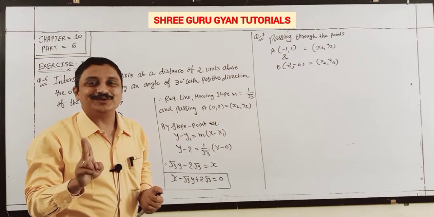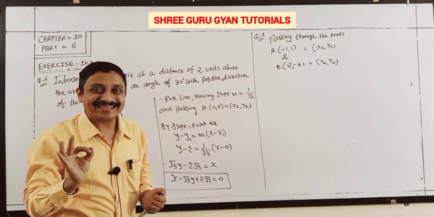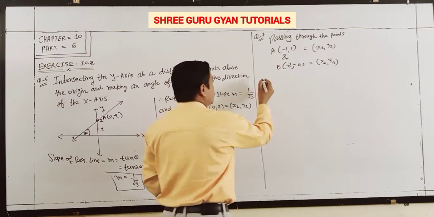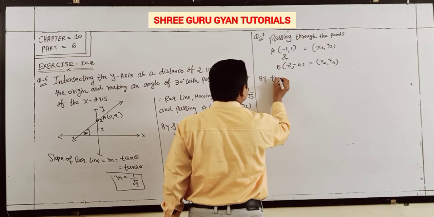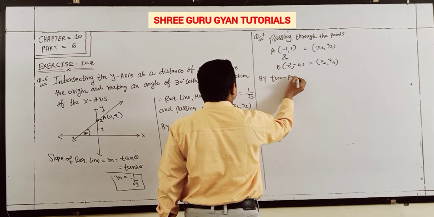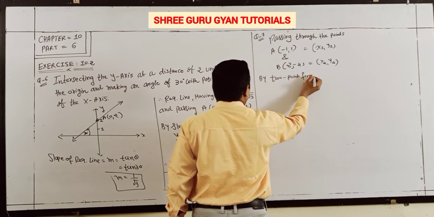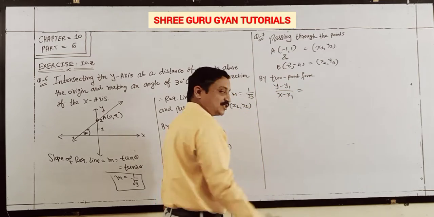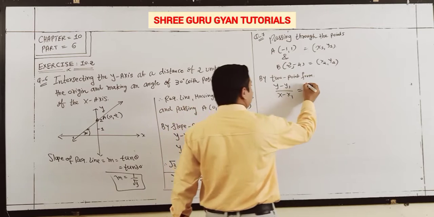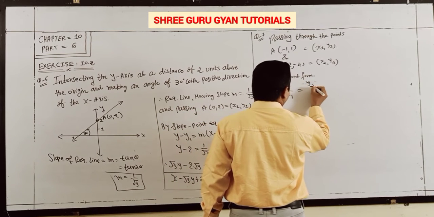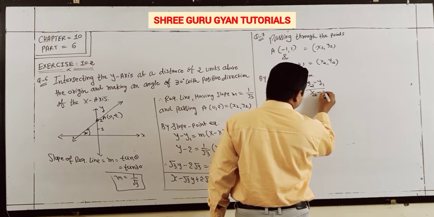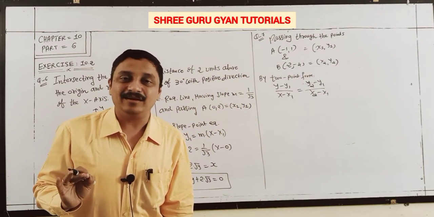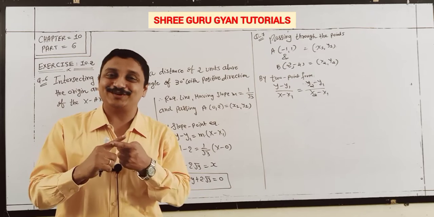Now, two points are known, so by the two-point form, (y minus y1) by (x minus x1) is equal to (y2 minus y1) by (x2 minus x1). This is the property for the equation of a line passing through two points.